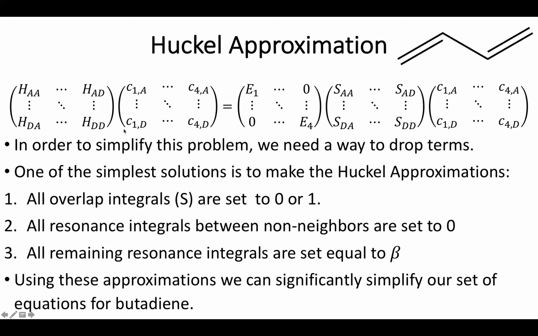Molecular orbital 1 is in the first column, molecular orbital 2 in the second column, and so forth. As we walk down, that's going to give the contributions of atomic orbital A, B, C, and D. But so far, none of our approximations have really touched it. So I'm going to condense this down to our C, and we're going to focus a lot more on these three matrices.